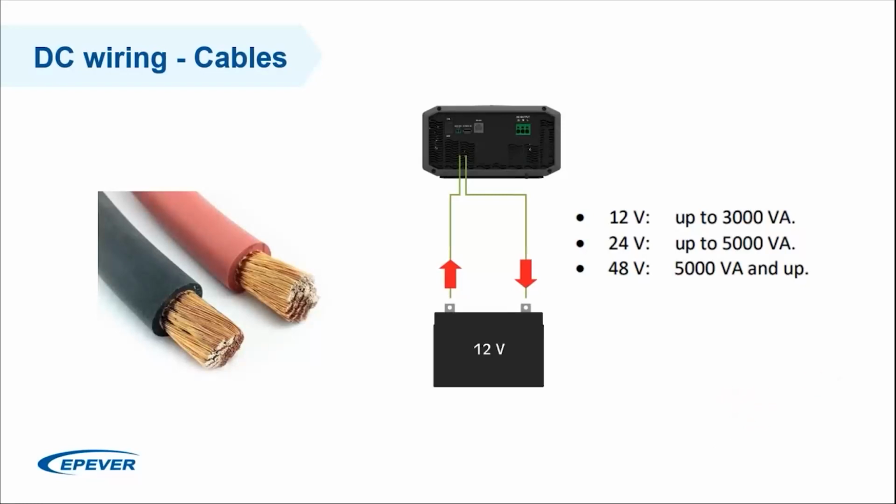About the wiring itself, it's important to use the right cable material and thickness in a system. The more current you have in a system, the thicker the cable required. The reason is that the cable resistance decreases by increasing the diameter of the cable, so you will face less voltage drop in wires.